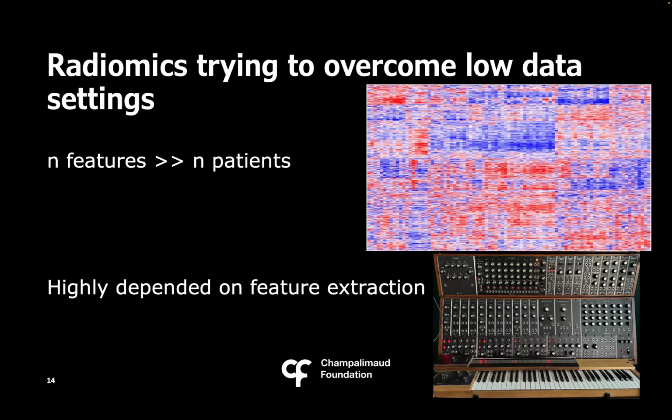Radiomics has a lot of knobs, a lot of different parameters that we can change. So we are faced with an issue of being highly dependent on the feature extraction, but also having this ill-defined problem of more features than patients.